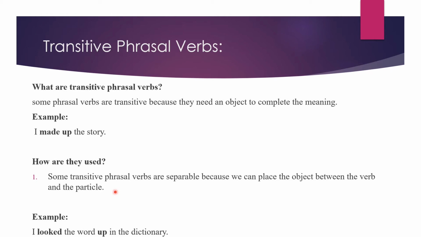For example, I looked the word up in the dictionary. So look up means to search. So this is a separable phrasal verb. Why? Because we can put the object between the phrasal verb look and up.